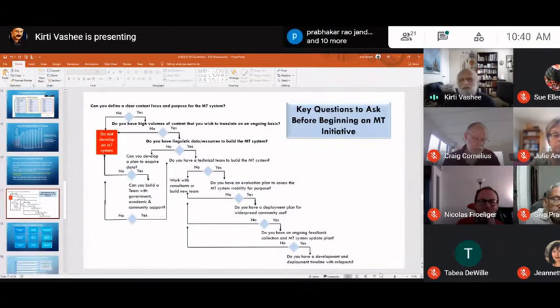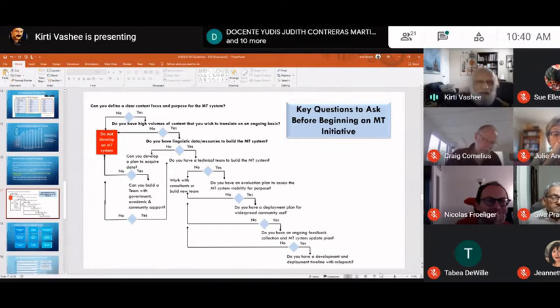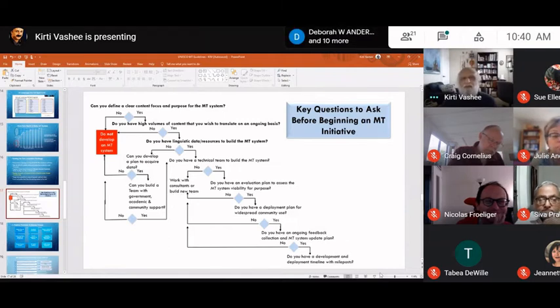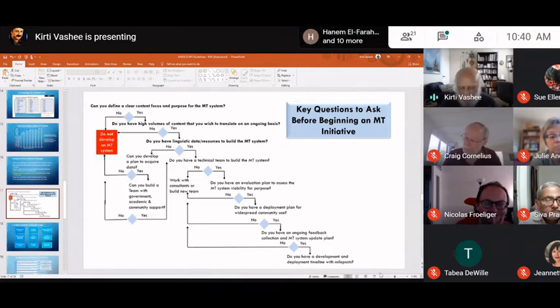I have a list of questions that one should ask before you begin, and I'm told that it's somewhat stern in where you land sometimes. But basically, you want to make sure you have a clear content focus and a purpose for the MT system. And MT systems only because the effort needed to build them is significant.